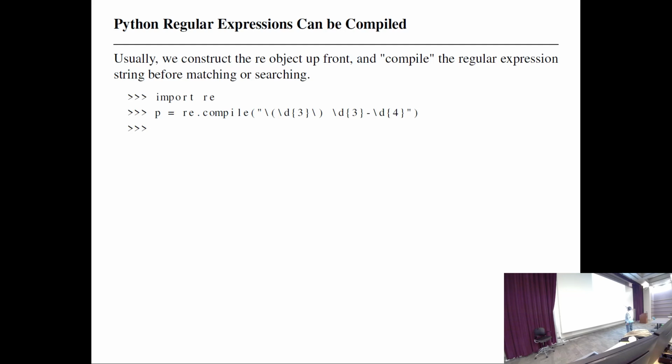So I'm going to take this regular expression, which we've seen before as a phone number expression, and compile it to get something which I called P, which if I look at it is an object. It's actually a function that's been compiled and built, like a custom function for this regular expression. So when I call re.compile with a regular expression, I get back something that looks like this. Think of it as a special function, like a lambda expression almost, that just matches that regular expression.